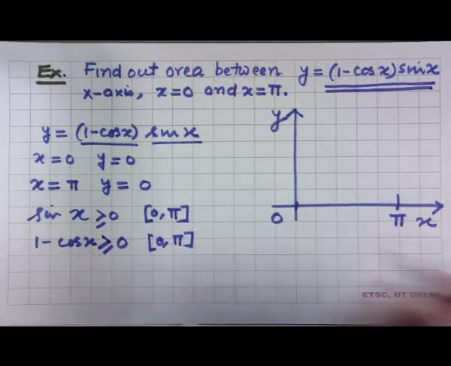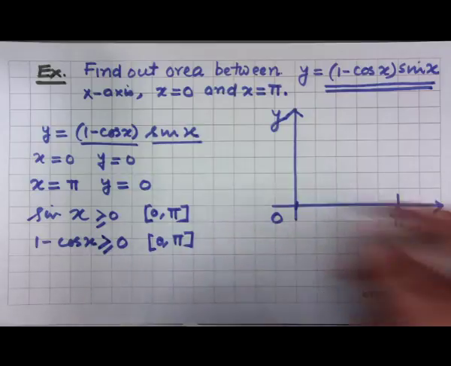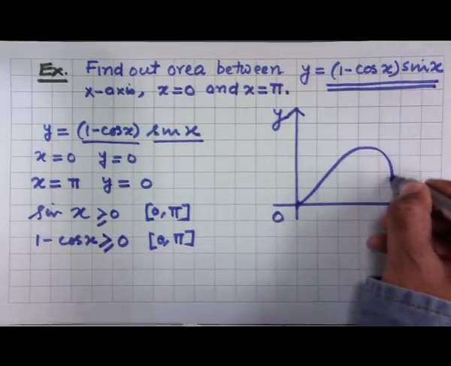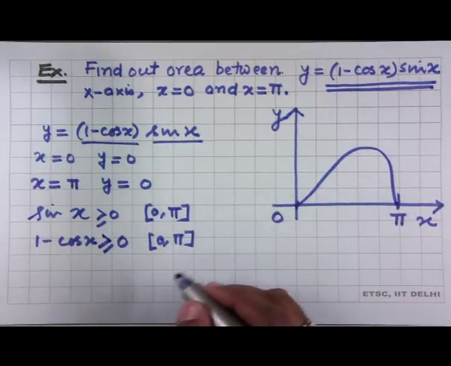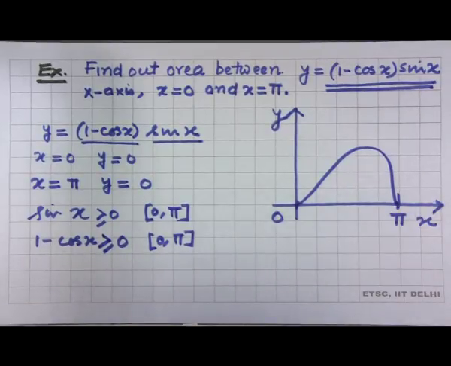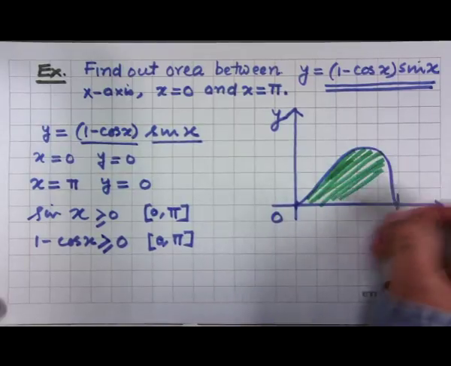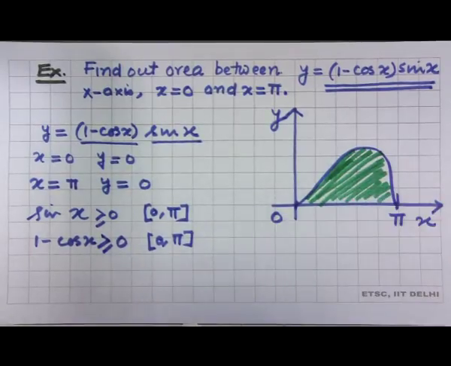Therefore this curve is always positive. So you will have this kind of shape of the curve. So your required area is this.